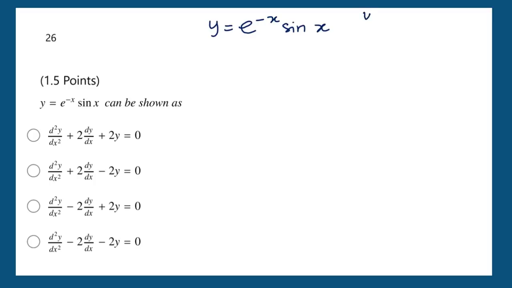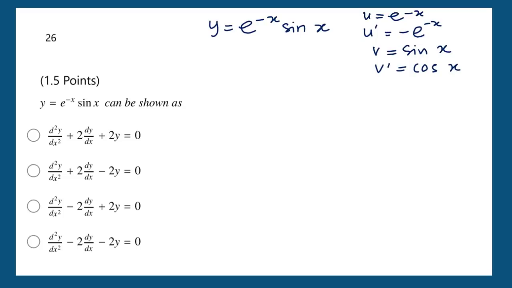So where u equals e to the power of negative x, and u prime will be equal to negative e to the power of negative x, whereas v equals sine x, and v prime equals cos x. Okay, so how to find the dy/dx here?